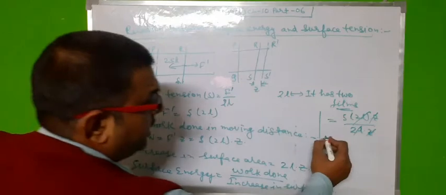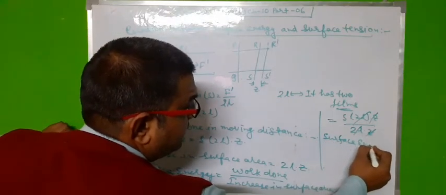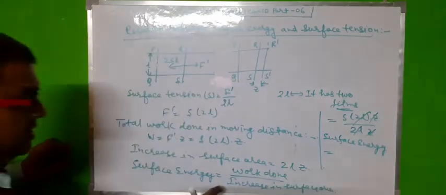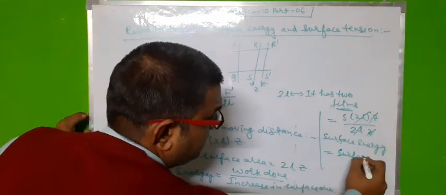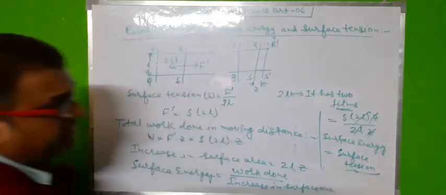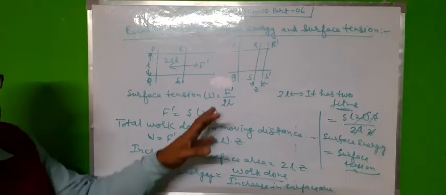And so we can say that surface energy is equal to surface tension. So the value of the surface energy of the liquid is numerically equal to the value of the surface tension.